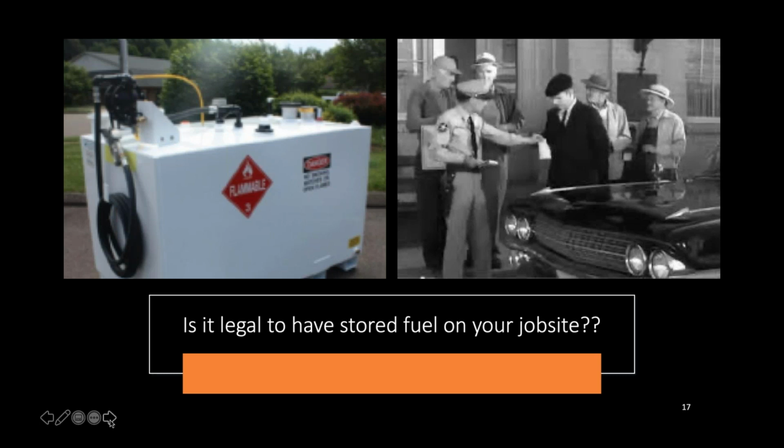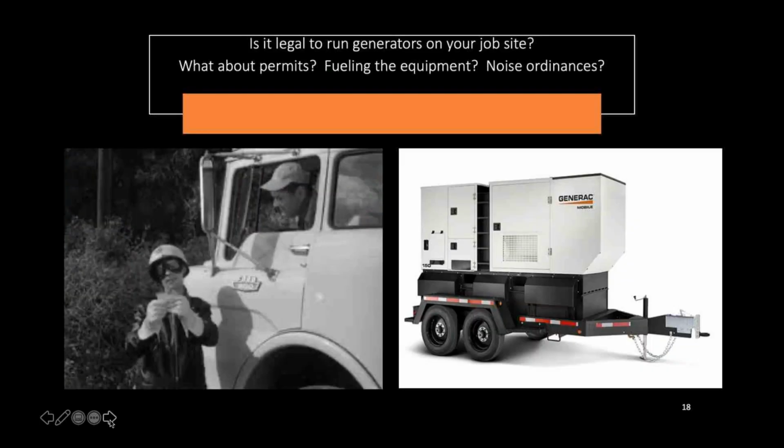Your fuel oil companies in the area that you would be using to fuel your tanks, whether it be propane or diesel or gasoline or whatever it would be, usually know these codes pretty well. In some areas, you can't even set a generator on a job site without a permit.